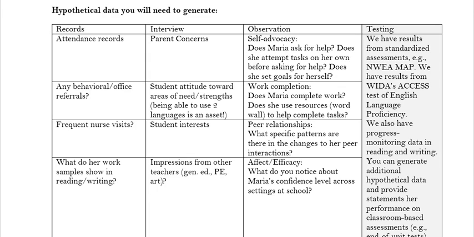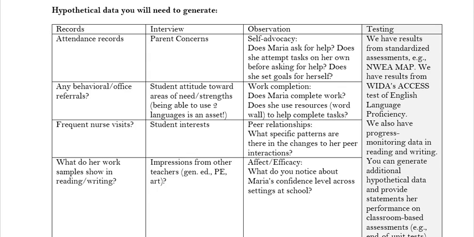So under records, look at attendance records, any sort of behavioral office referrals. Is she making frequent nurse visits? What do her work samples show about reading and writing, and does that support the teacher's areas of concern in that teacher interview section? Elaborate on parent concerns, elaborate a little bit more on the student's attitude toward areas of need and strengths.